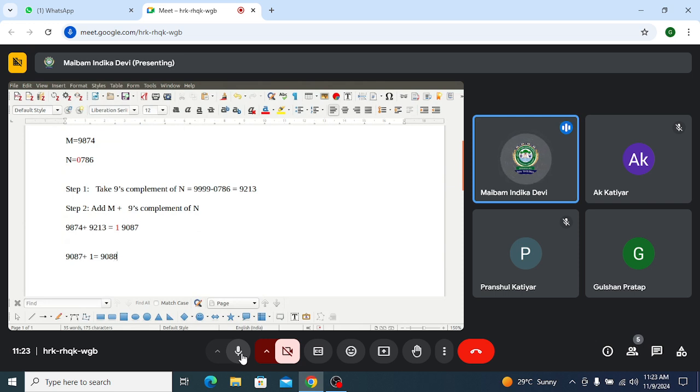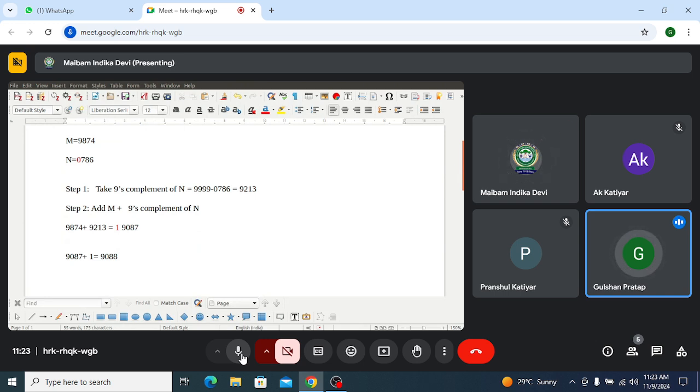In this question, 9874 plus 19087, one is the carry, but in the place of one there is the digit two, then two is added to the seven, the rightmost. Yes, yes. Okay, ma'am, I understand.